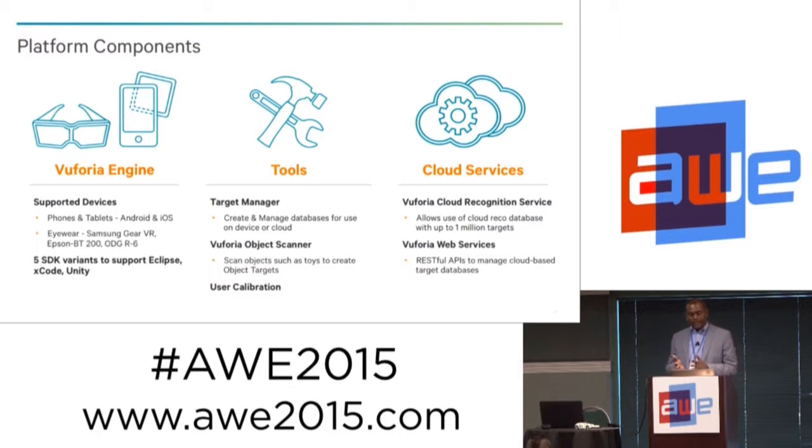On the cloud side, there's a bunch of services. This is not really relevant for Object Reco, but we offer cloud recognition for databases over 100 images. You can put over 1 million of them in the cloud, and people have done many million actually. If you want more than 100 images, I think the Cloud Reco service is a good one.